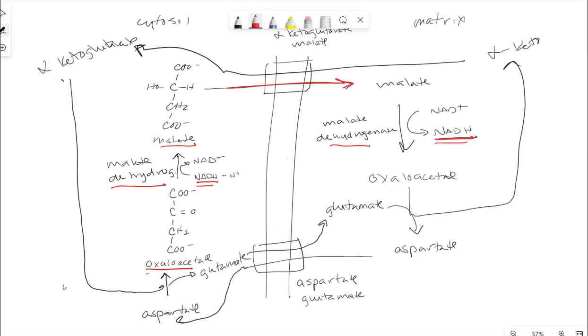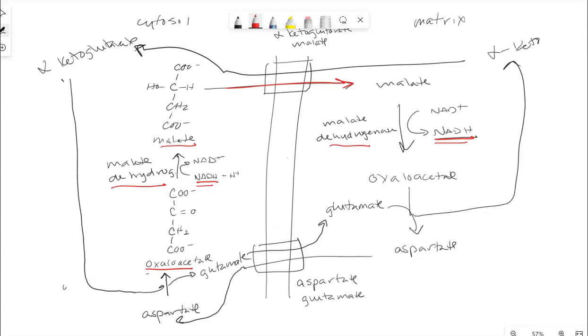Now, in the last shuttle, NADH became an equivalent of FADH2 and lost energy in the process, but it was irreversible and therefore able to drive under all conditions. The malate aspartate shuttle is different because we don't lose any of the energy from the NADH. We get an NADH from the cytosol, effectively moved to the matrix via the shuttle with no loss of energy.